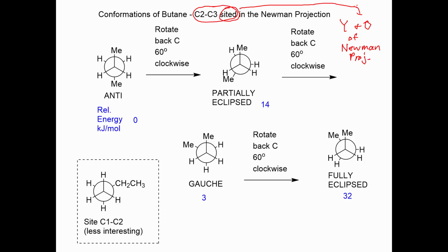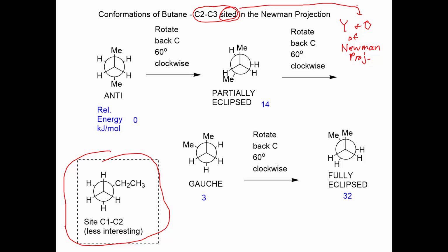We could also cite C1, C2, that is down here, but what we're going to see is that it's a little bit less interesting. So we're going to spend all of our time looking at the Newman projections we get by citing C2, C3.